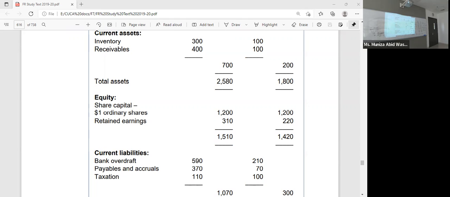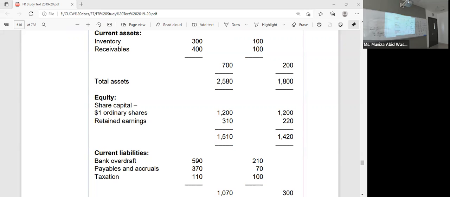Clear? In IAS 40, impairment has to be taken from the statement of profit or loss, and revaluation gain also in the statement of profit or loss. So in both cases, impairment will be taken there. Yes, Sandri, any confusion? In IAS 40, where do you take the revaluation gain? In statement of profit or loss.